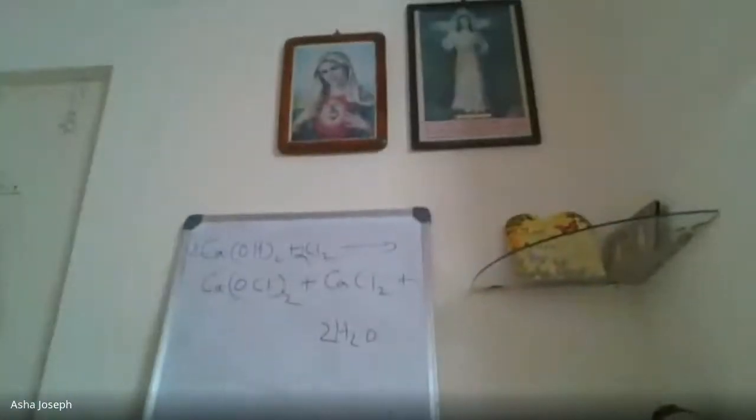Like some other metal with a bleaching property, can't we use it? I didn't understand the question. Which metal will you use? No, not exactly to form bleaching powder. Can any other metal be used to form a compound like this? No, such compounds do not exist, na? The compound also should be there, na? Okay, ma'am. This is bleaching powder, okay?